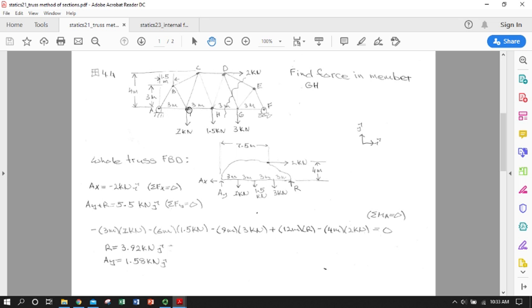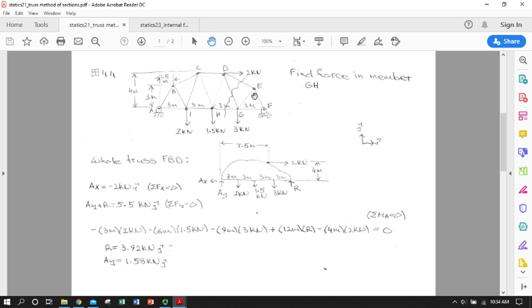So I've got 1, 2, 3, 4, 5, 6, 7, 8, 9. We have 9 pins. That means we'll have 18 independent equations of equilibrium. Subtract 3, we should have 16 members. So starting with AB is 1, 2, 3, 4, 5, 6, 7, 8, 9, 10, 11, 12, 13, 14, 15.